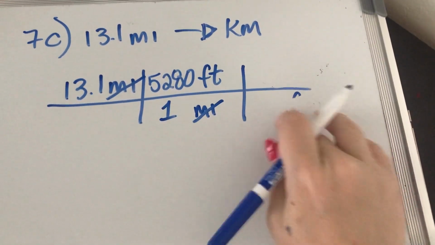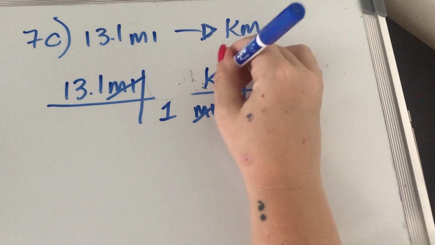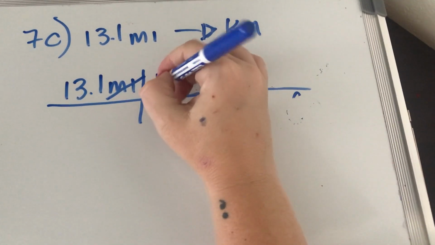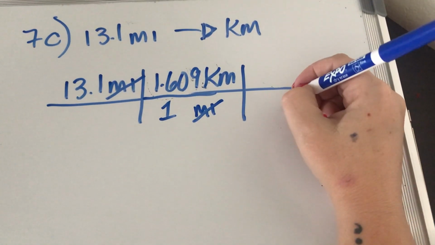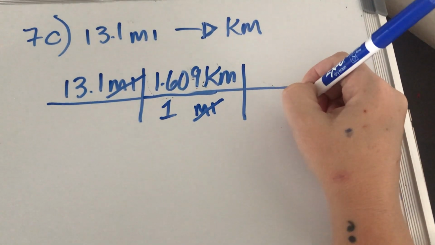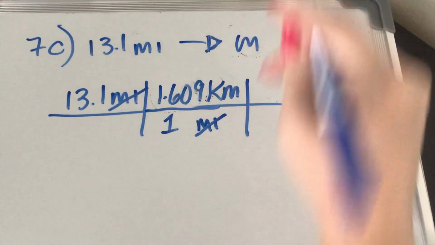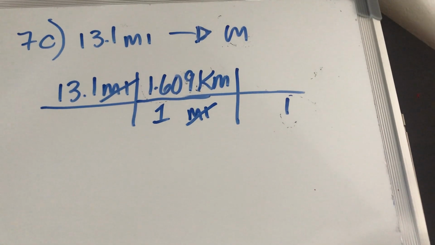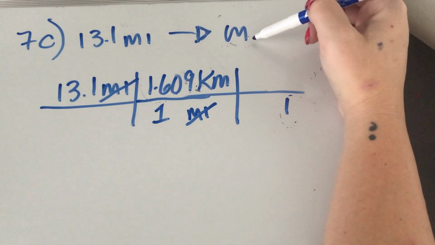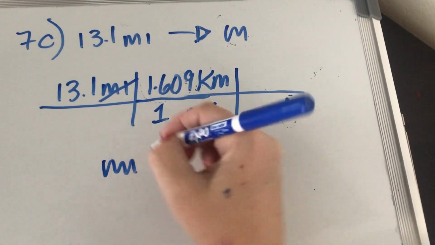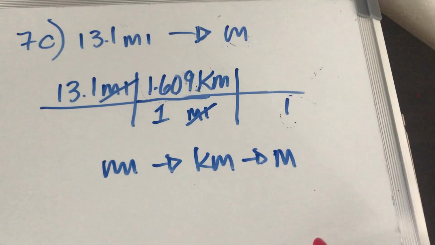So, let's go kilometers up top. Oh, they're going to meters. I'm so sorry, you guys. This is a hard thing about looking at multiple screens at once. So I've got miles to meters. I'm going miles to kilometers to meters, right?